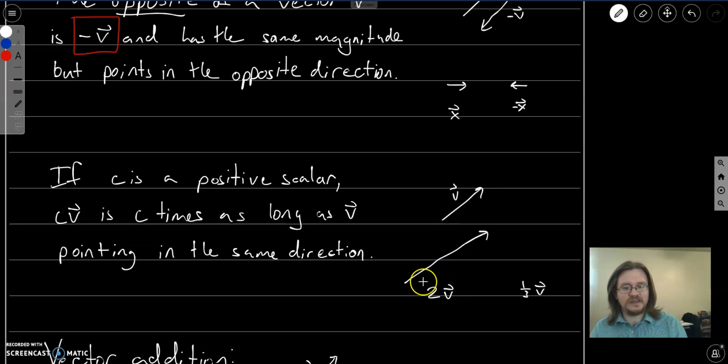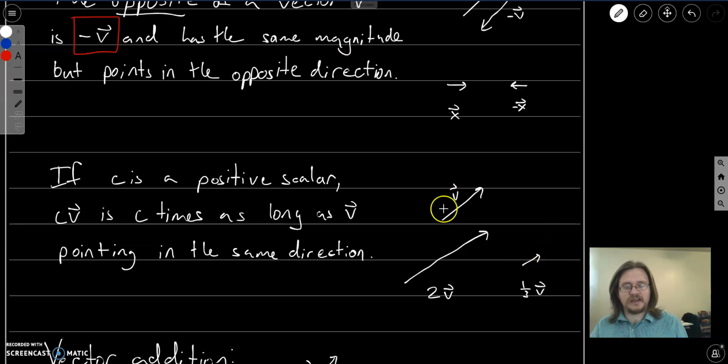So again, v and 2v point in the same direction. I've just scaled up the vector 2 times the original length, and that's all there is to it. 1/3 v would be taking v and chopping it into about 1/3 of its original length. So this is 1/3 v.